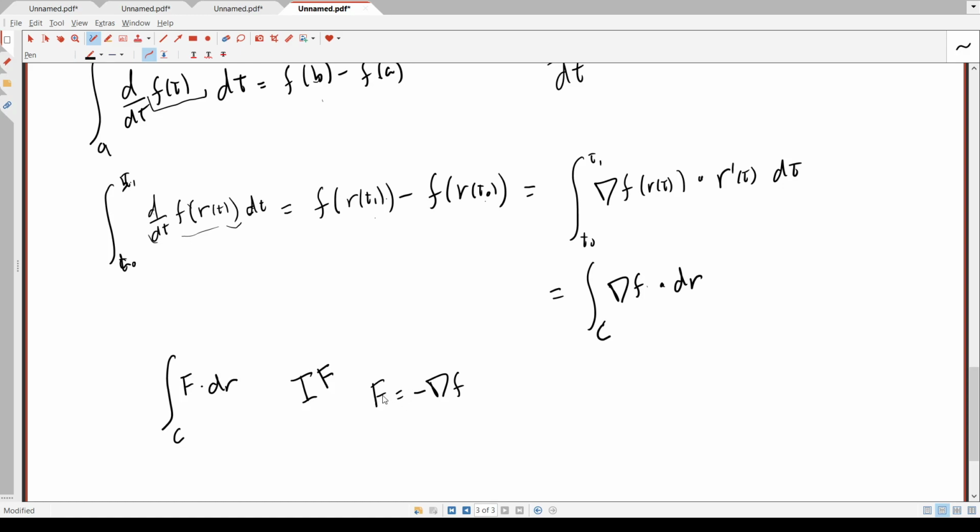But if I can write F as the gradient of some function, if you remember, we worked out a bunch of these problems a couple weeks ago: when can I write a function as a gradient?